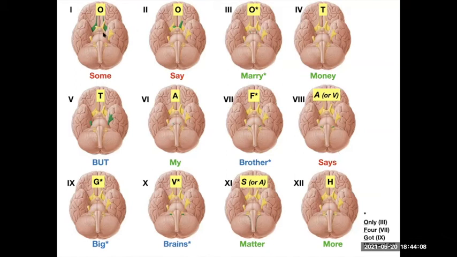Olfactory means smell, optic means eye, oculomotor means eye, and trochlea, well, if you happen to know that the trochlea muscle is in your eye, then you'll remember that's an eye one. Trigeminal doesn't really have a clue in the name, but it has big functions: mastication and sensory information from the face. Abducens, you think of moving your eye away from the midline, toward the lateral side.